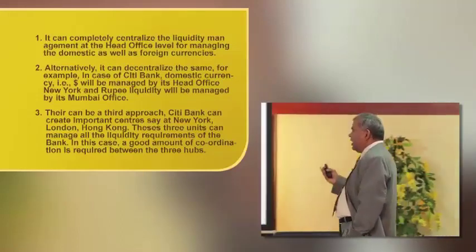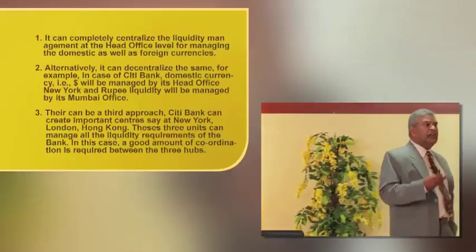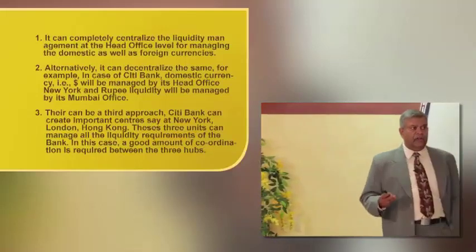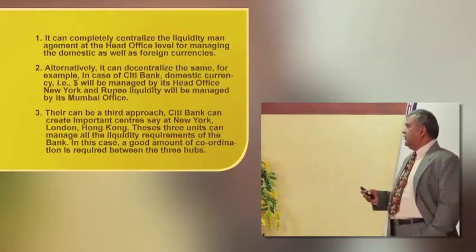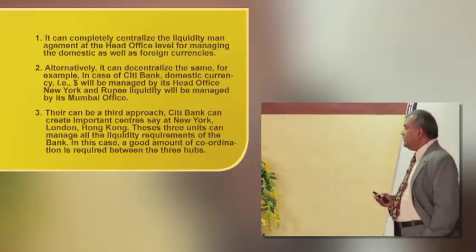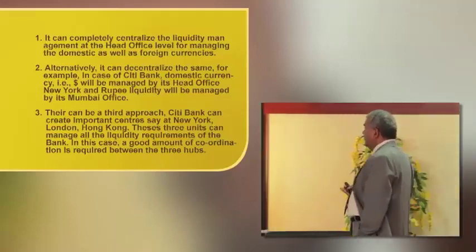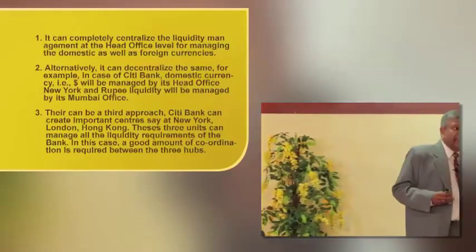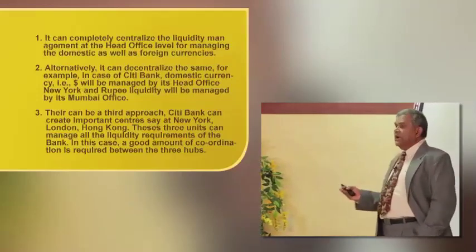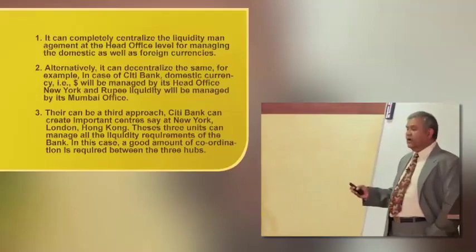Let us think that Hong Kong will take care of the Asian requirements in all the currencies including dollar, Hong Kong dollar, Aussie dollar or rupee, and London will take care of all the currency requirements. So number one, the control lies with head office; number two, decentralized control; and number three, they create hubs in important centers and they act as head office for that area alone.